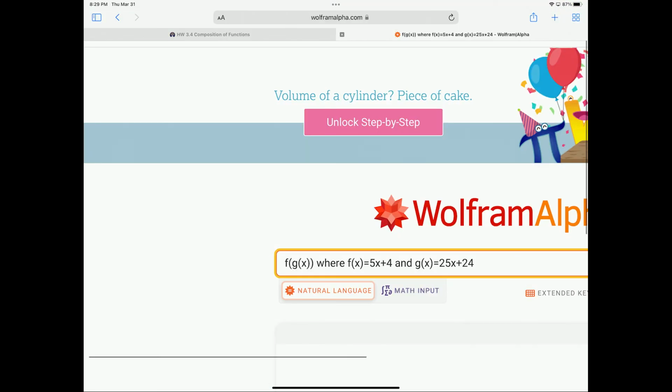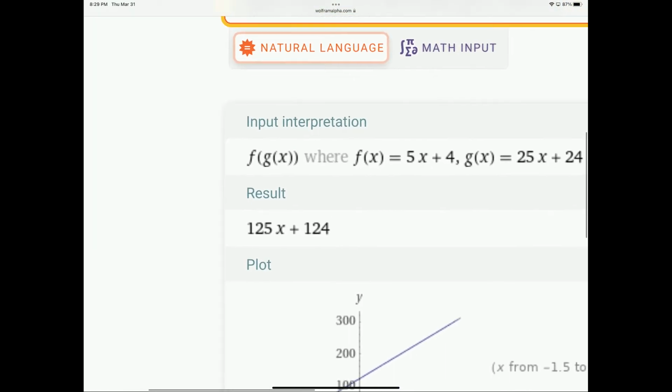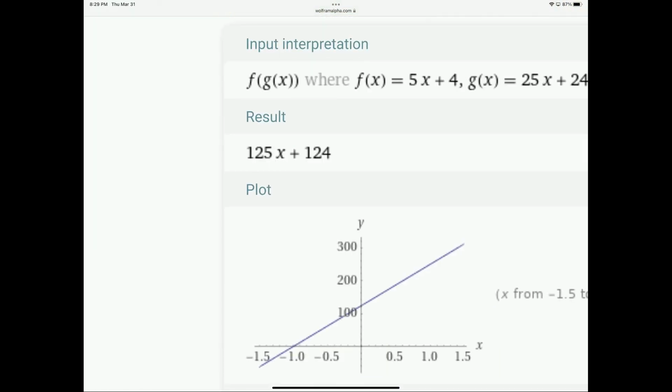And then we'll do it and it gives me 125x plus 124. So you have to do it in 2 steps if you do it on a computer, but you can do it on a computer.